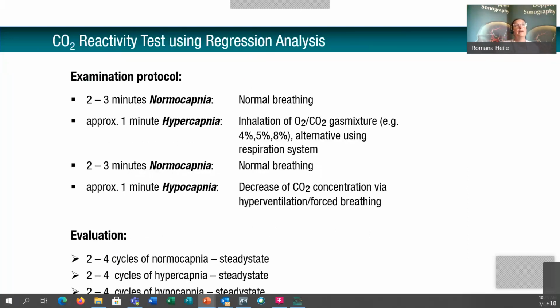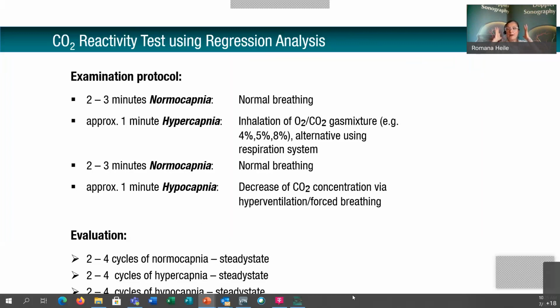So again, let's go back to the CO2 reactivity test using regression analysis. For all of the tests that you can do here, and because it's a monitoring test module, most important, and that's why we had the first presentation on the monitoring fixation sets, is that we first find the correct setting of the helmet, whatever helmet you use, the optimal one for the situation and the patient, that we find the MCA and fix the probes in a proper way.